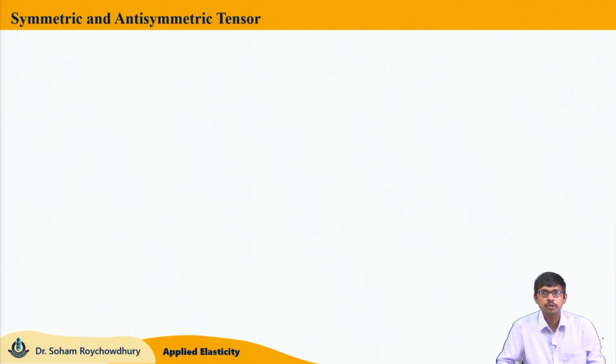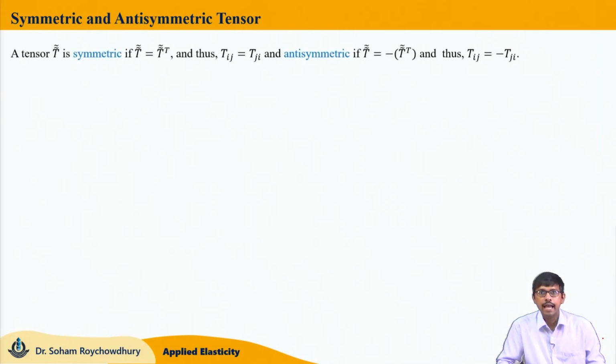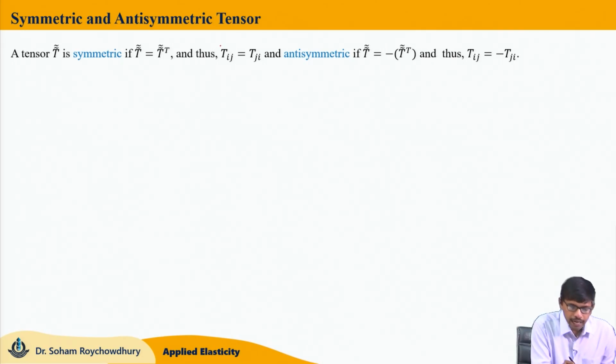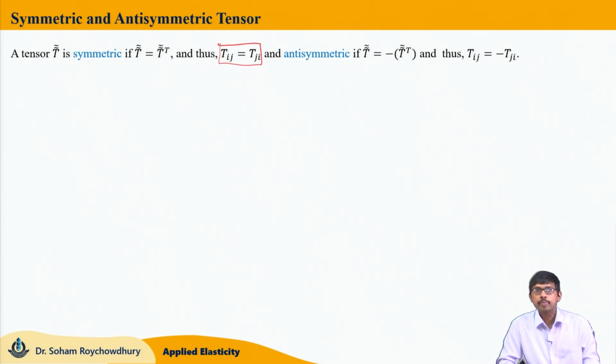Now, after the orthogonal tensor, we are going to talk about symmetric and anti-symmetric tensors. Any tensor T can be called a symmetric tensor if T is the same as its transpose. So, if T equals T transpose, we call T a symmetric tensor, and in index notation that can be expressed as T_ij equals T_ji.